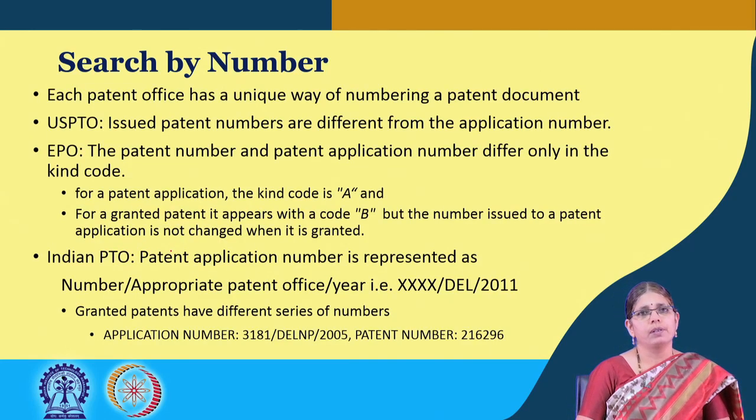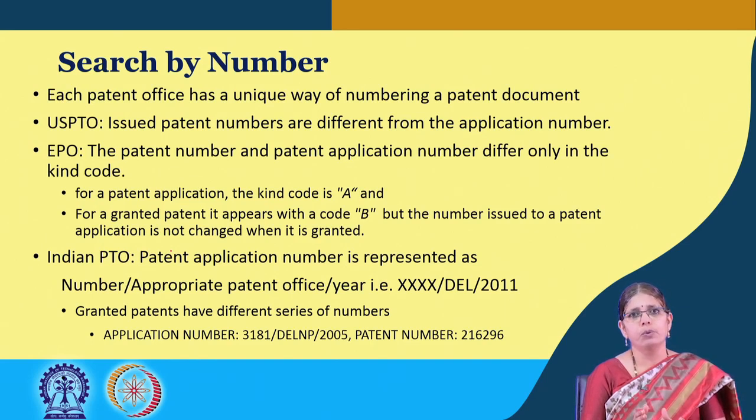Many a time the search by number also gives us some very vital information in relation to patents, and what is that? It tells us the status of the patent on one end, because usually when you use the words patent number, you typically mean it is a granted patent, or you would say it is a patent application number. So, this can vary.